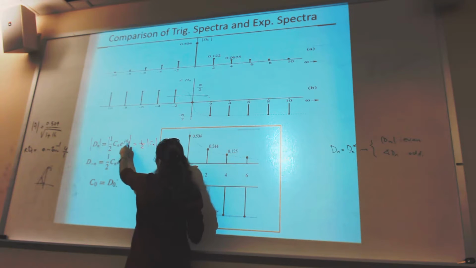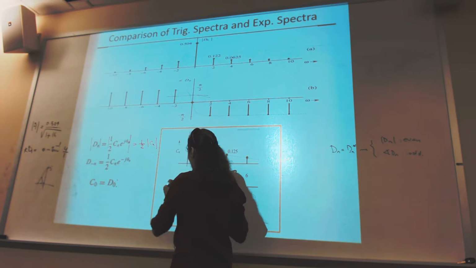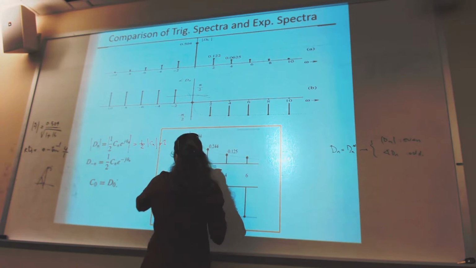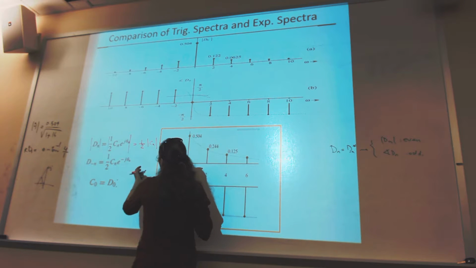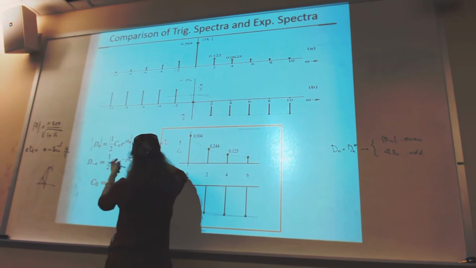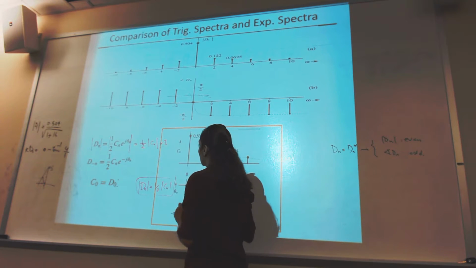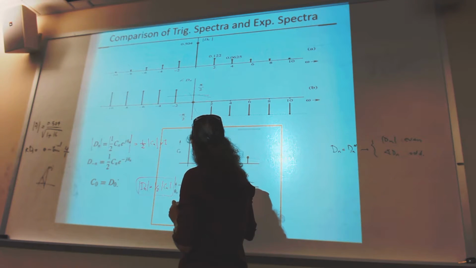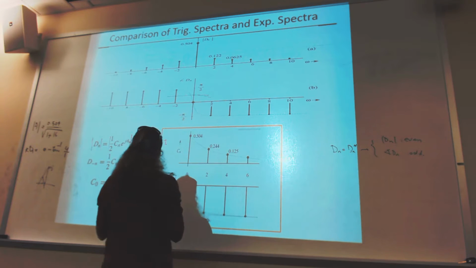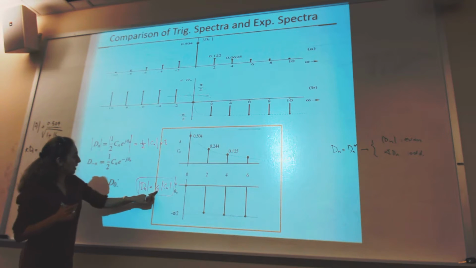What's the magnitude of e to the j theta? 1. Okay. So therefore, what we conclude here is that the magnitude of Dn is half of the actual value of the Cn.